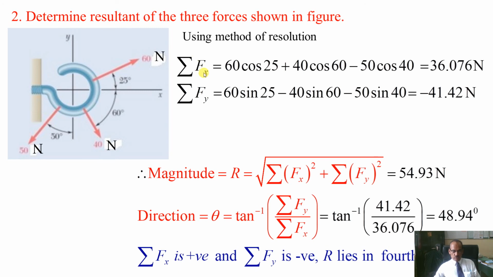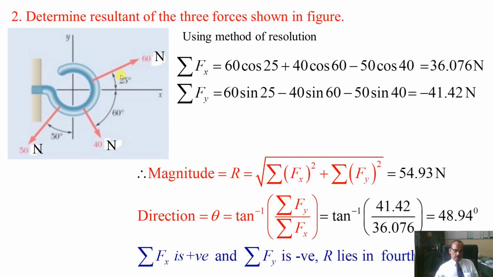Now resolution, Fx. Let us resolve this 60 Newton force first. So 60 cos 25 horizontal to the right. This force also will be having component to the right, 40 cos 60. But this force horizontal component will be to the left, 50 cos 40, that will be minus, and hence total summation of Fx will be 36.076 Newton.